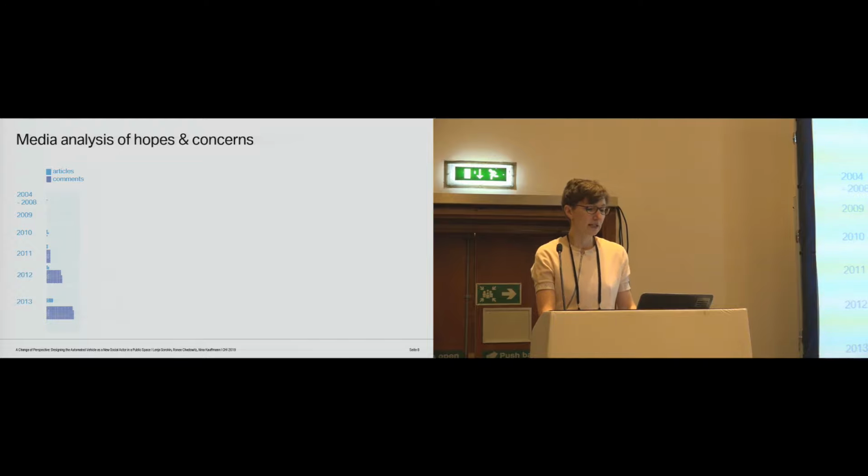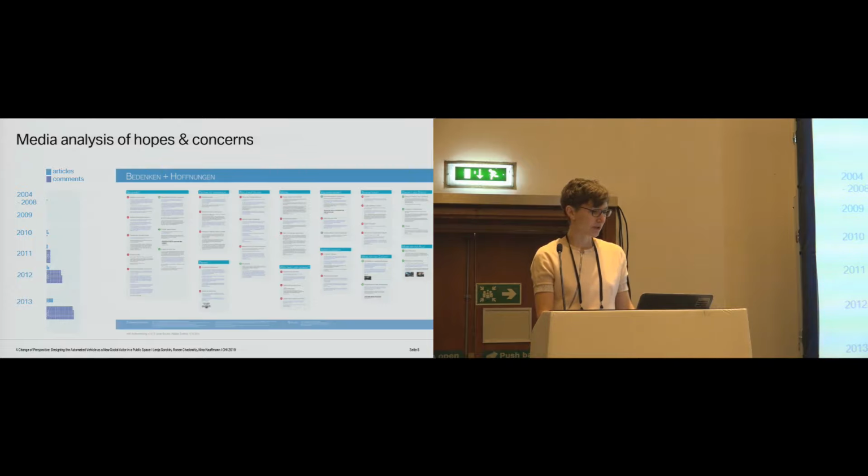And as you can see, the topic was increasingly discussed from 2011 on. And also there was a broad range of hopes and concerns from safety issues to political and economical aspects. Two of those hopes and concerns were especially relevant for interaction on the road.